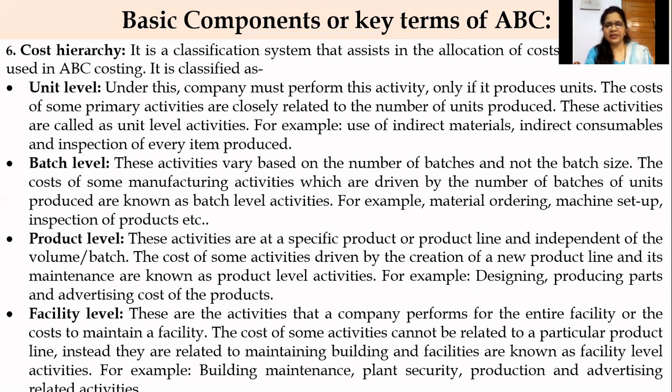For example, building maintenance, which is required for all activities, plant security, production, and advertising related activity. So whatever facilities you are providing for producing goods and services, all the cost incurred for these facilities come under facility level. So these are the different key terms or basic components of activity based costing.